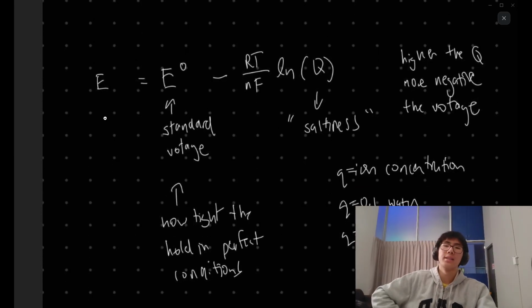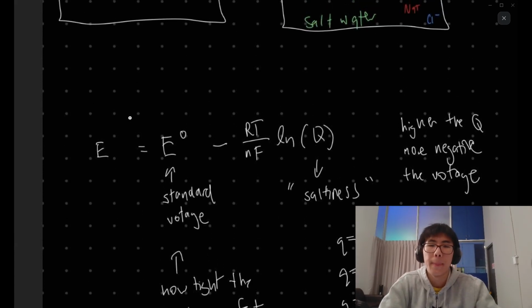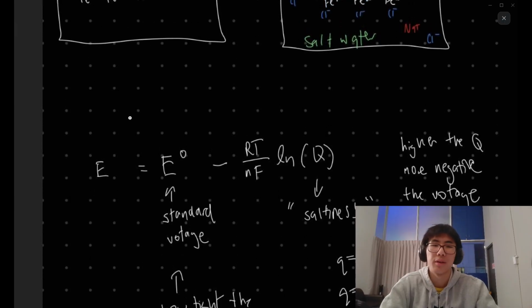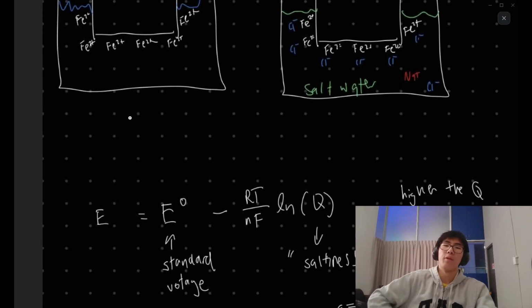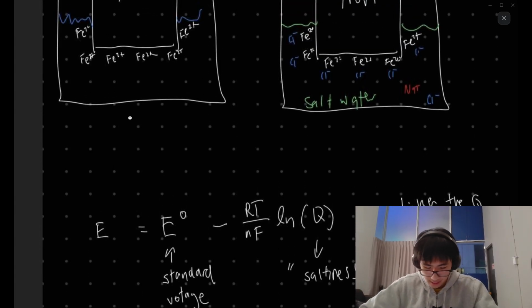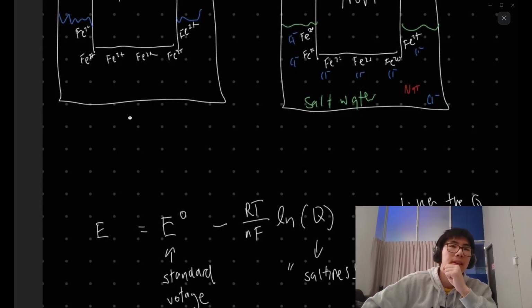So why is a lower voltage worse for corrosion? Why does lower voltage mean worse corrosion? Hold on, let me think for a second.